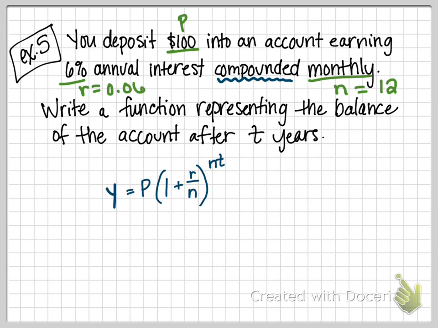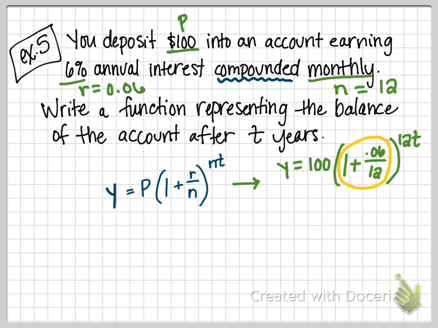From here, the only thing we don't know is T, and that's fine because we're going to leave it so that we have our function that we can just plug in. Let's plug all these numbers in and get a nice, neat little function. Y equals 100 times the quantity 1 plus 0.06 over 12 to the 12t. Now, what you're going to want to do is get all this down to one number.